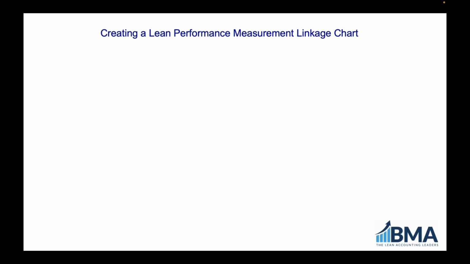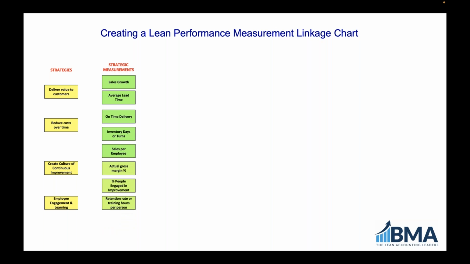You start with the lean strategies, and you say, how are we going to measure at a strategic or company level the effectiveness of our strategic initiatives? You create measures.